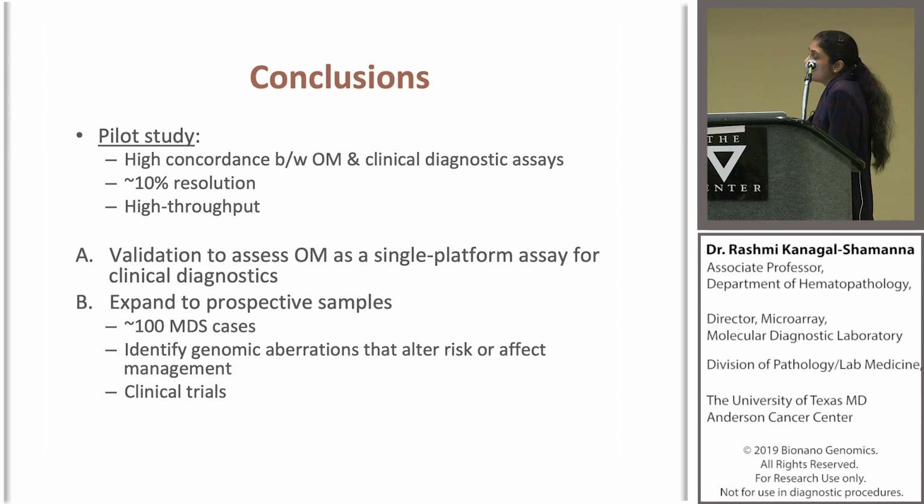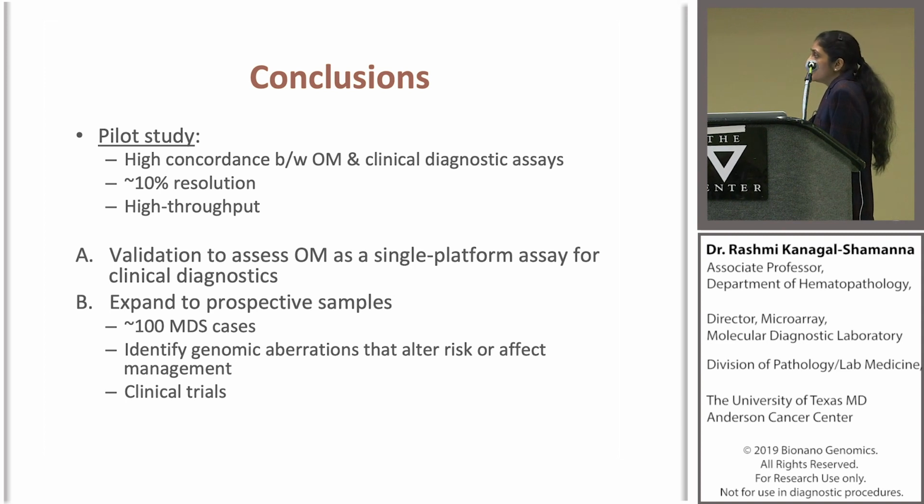We're going to include about 100 newly diagnosed myelodysplastic syndrome cases with a variety of cytogenetic abnormalities that include both copy number changes as well as translocations. We will also include a few cases with normal karyotype to potentially uncover cryptic aberrations.